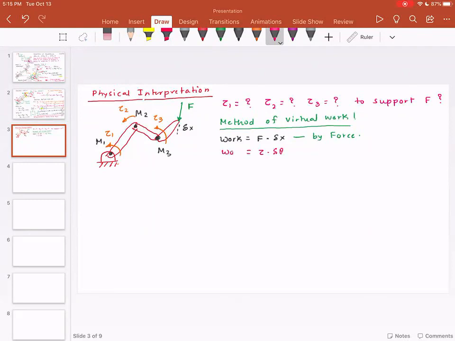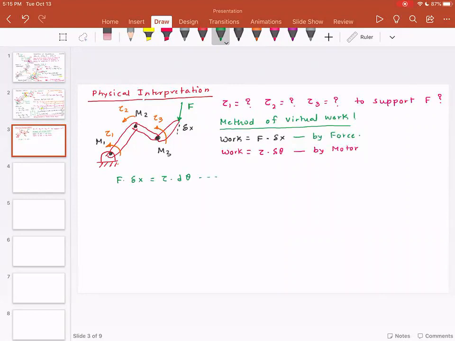So you have work done by force, and on the other side you have work done by motor. By definition, F dx is equal to tau d theta. This is an important relationship.